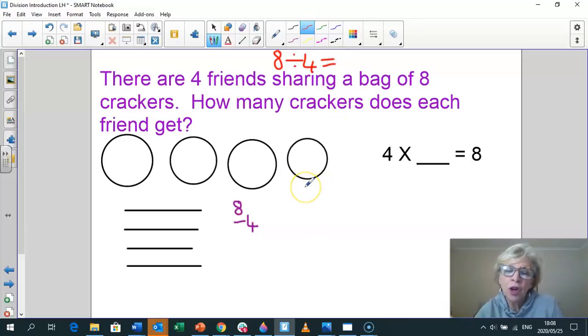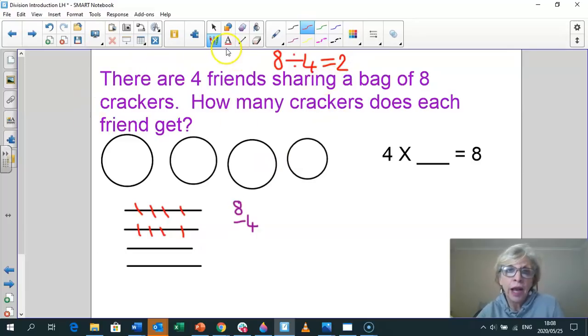Right, I'm going to start with my array again. So I'm going to put 4 and then 4 again until I've counted up to 8. So 1, 2, 3, 4, 5, 6, 7, 8. And the answer is 2.